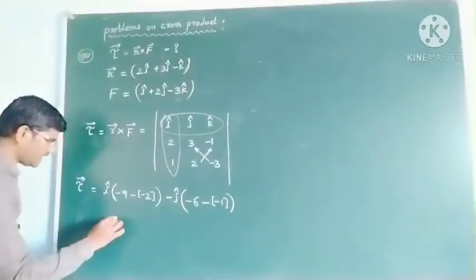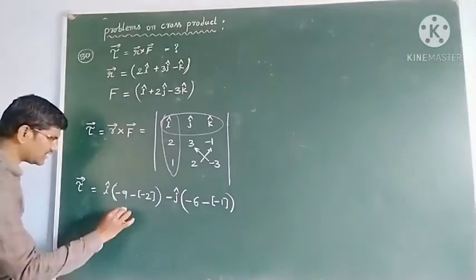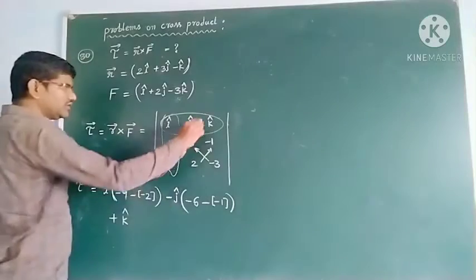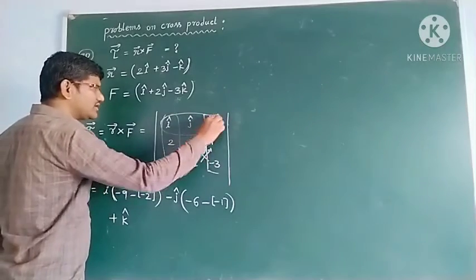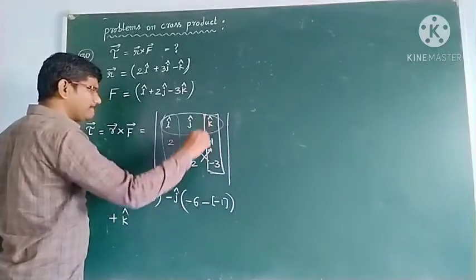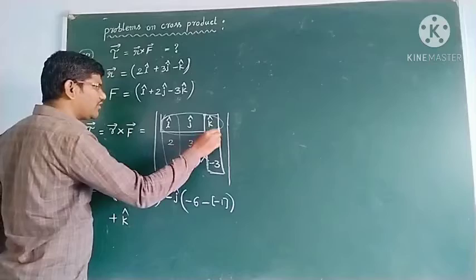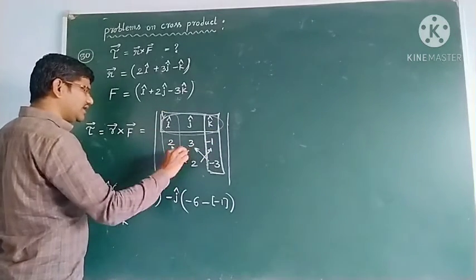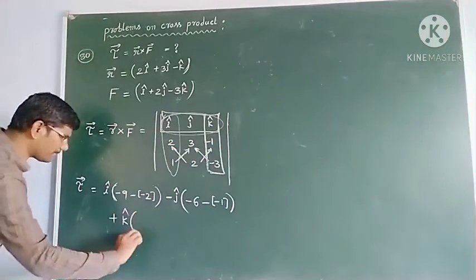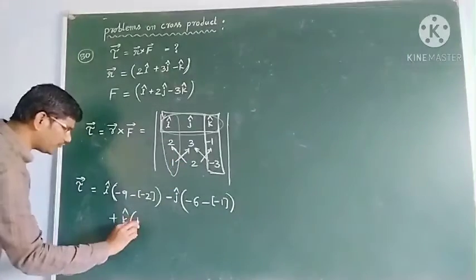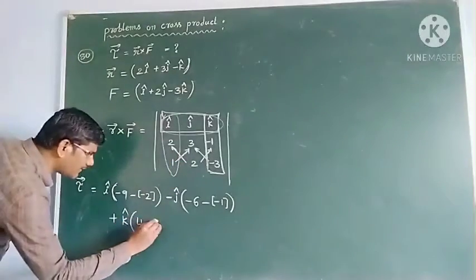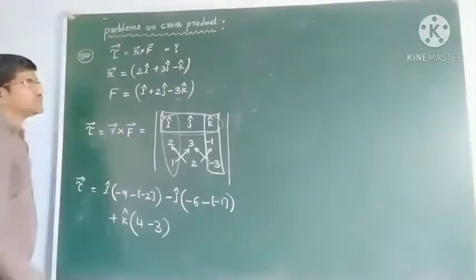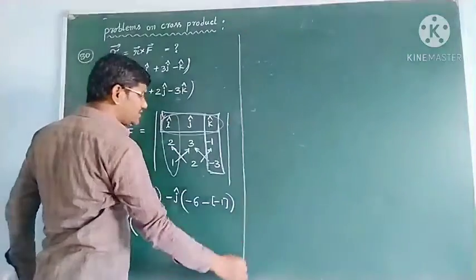So plus what do we have? K cap. Means close this vertical line and close this horizontal line. Then take the product of these two and take the product of these two also. Then 2 into 2, 4, and minus 3. So then what will you get, you see students?